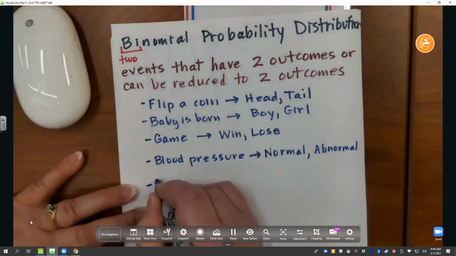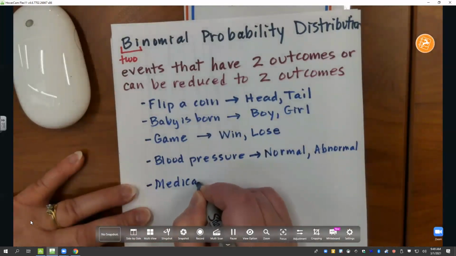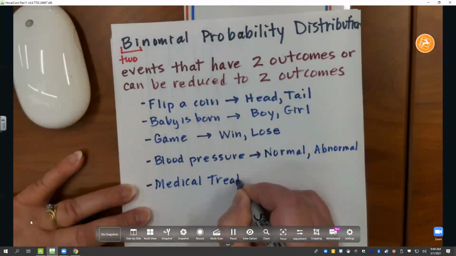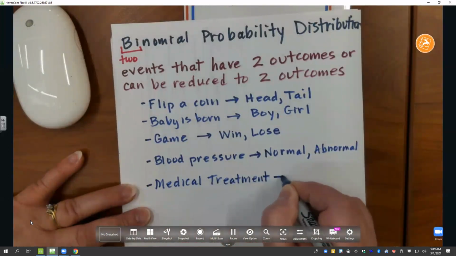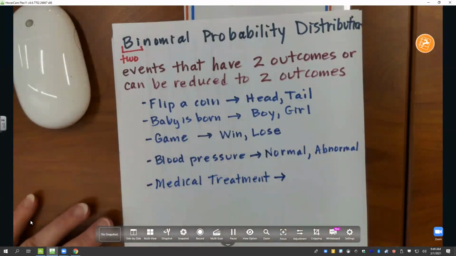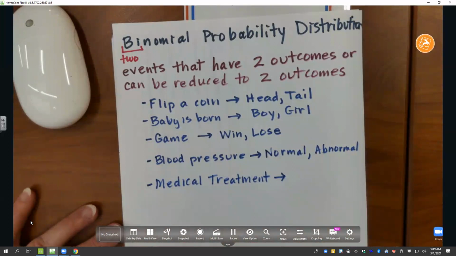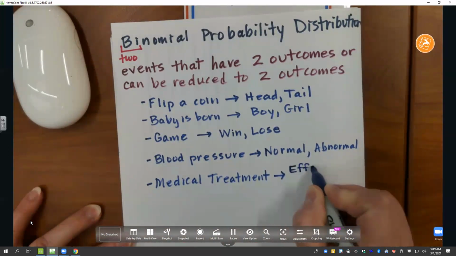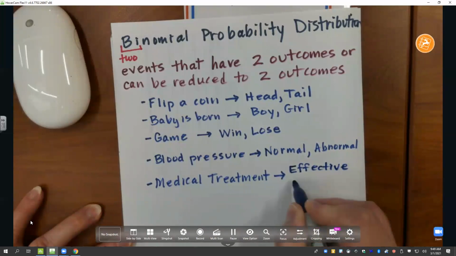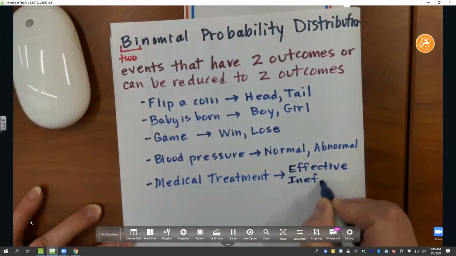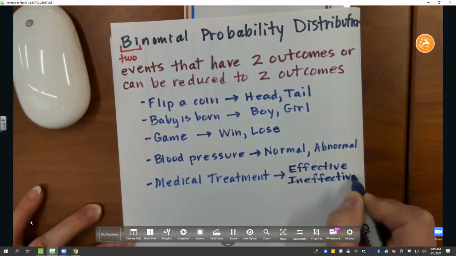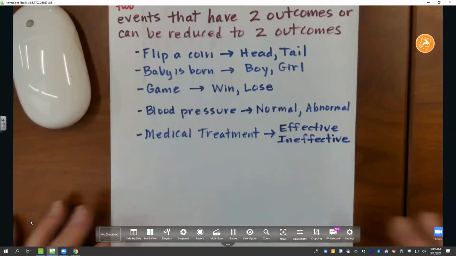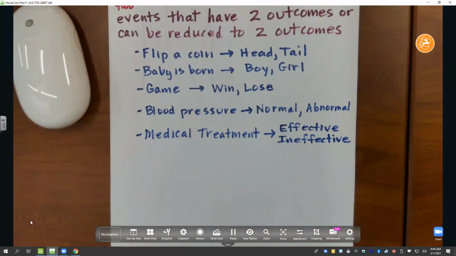Even when you're thinking about some kind of medical treatment, whether it's a new drug or maybe radiation or chemotherapy, we can talk about whether that treatment is effective. Does it work, or is it ineffective? Think about something you could relate to right now, the COVID vaccines. Are they effective or ineffective?